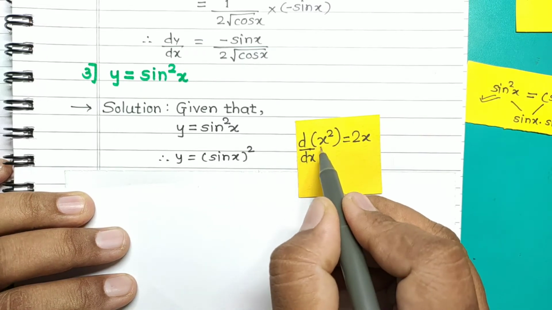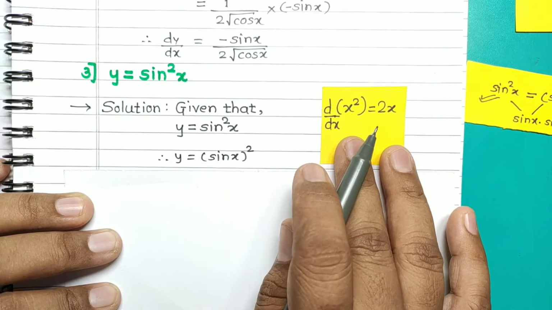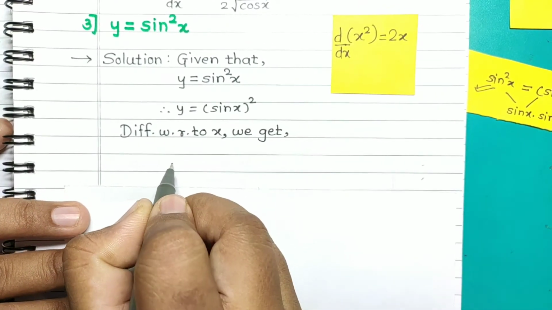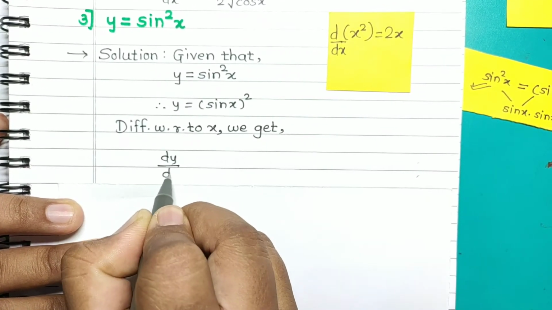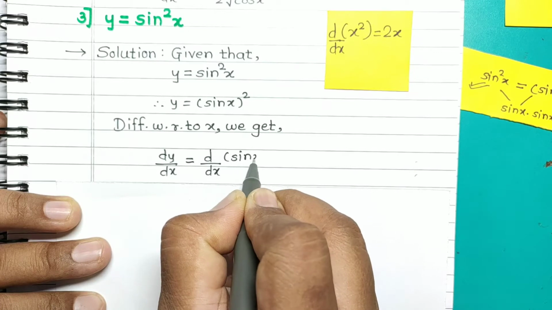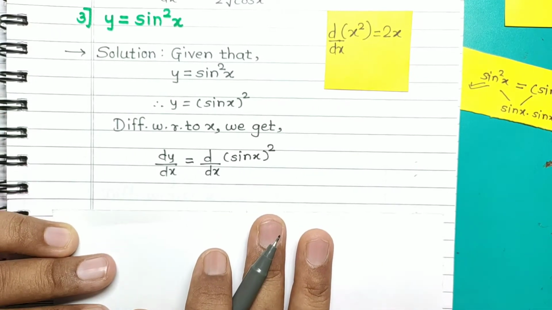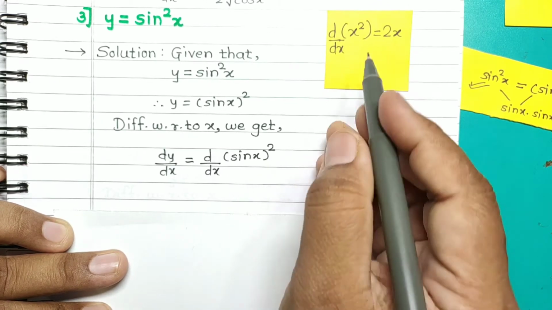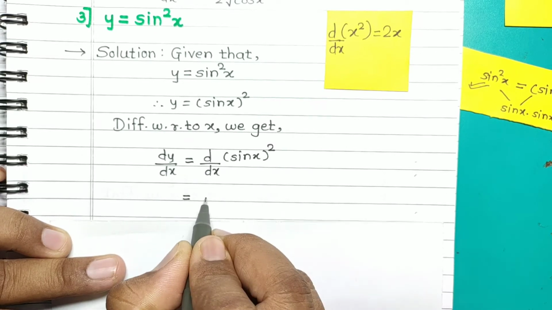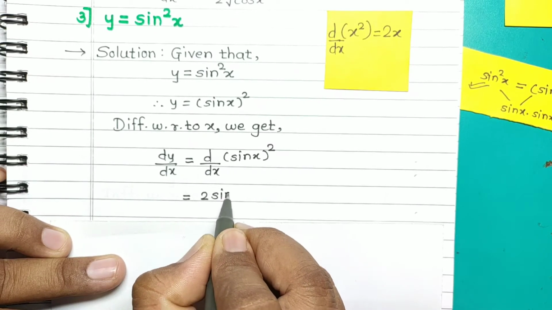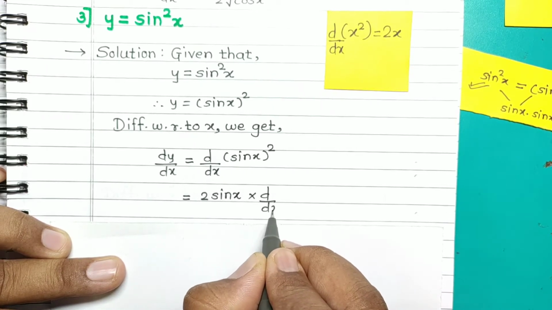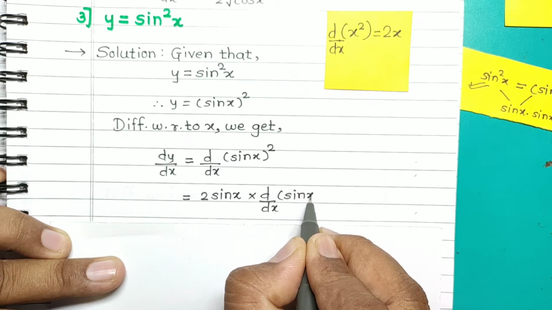We have derivative of x square as 2x, and so differentiating this something square, dy by dx is equal to derivative of this something square, and that something function is sin x. So derivative of something square is nothing but 2 into something, which is sin x. And we have to multiply the derivative of this something, which is sin x.